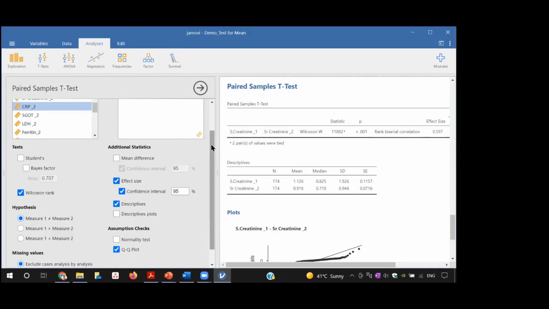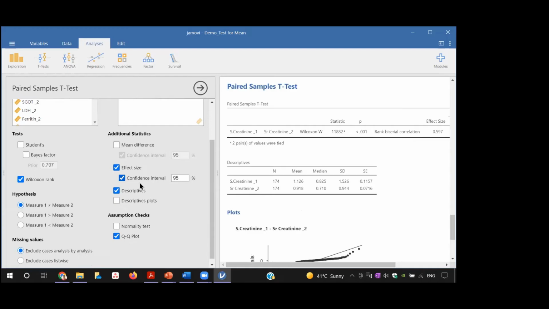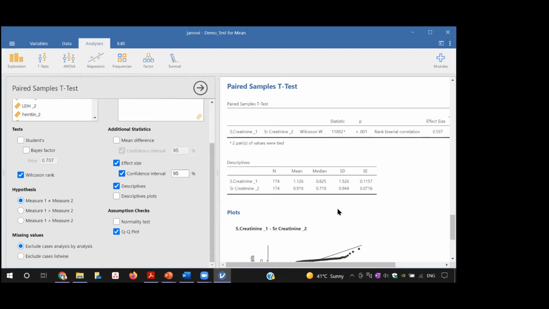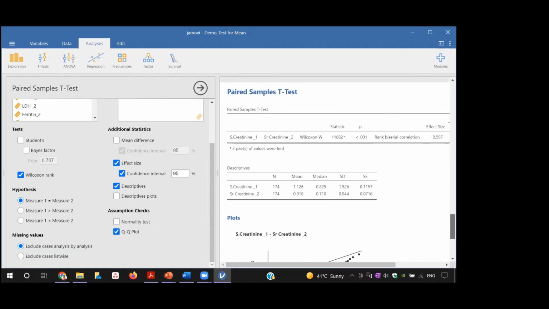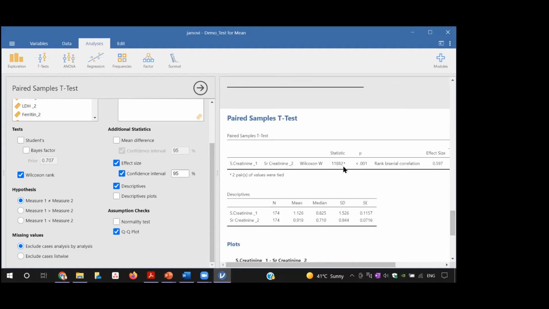Okay. So I have clicked this Wilcoxon rank, then clicking the effect size, confidence interval. This is the descriptive. I have clicked the descriptives also. And then you can see here that in this case, you will not get the difference because here it is the p-value which was significance, and this is the Wilcoxon statistics, value of Wilcoxon.